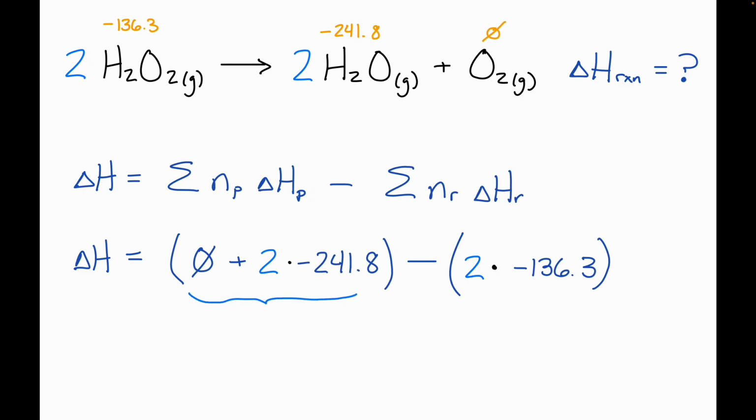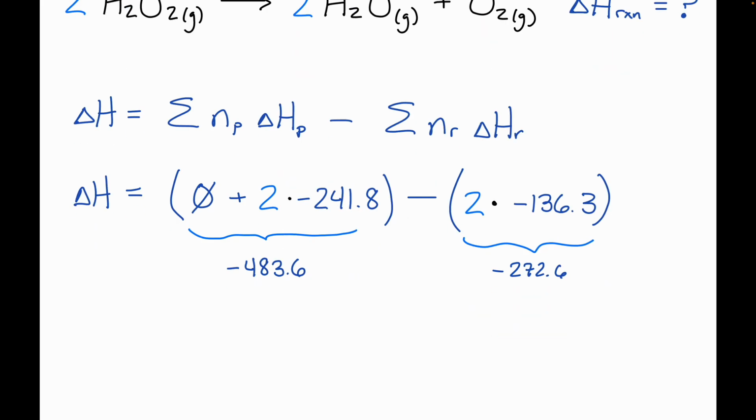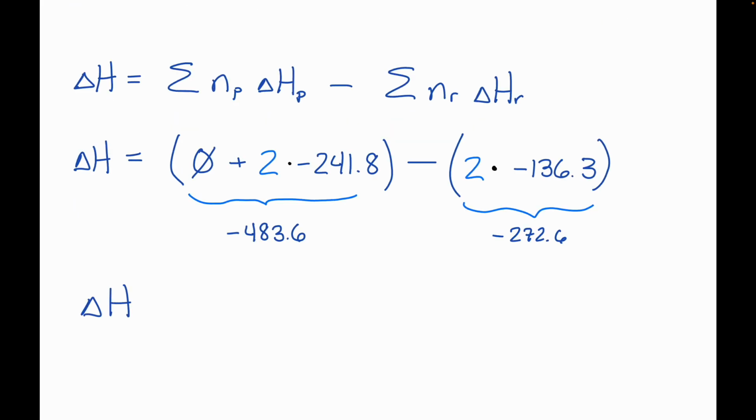Remember, we got to be good with our sig figs here because this is an addition problem. So when I do products minus reactants, I get negative 211. But again, because of my sig figs, it's negative 211.0 kilojoules per mole.